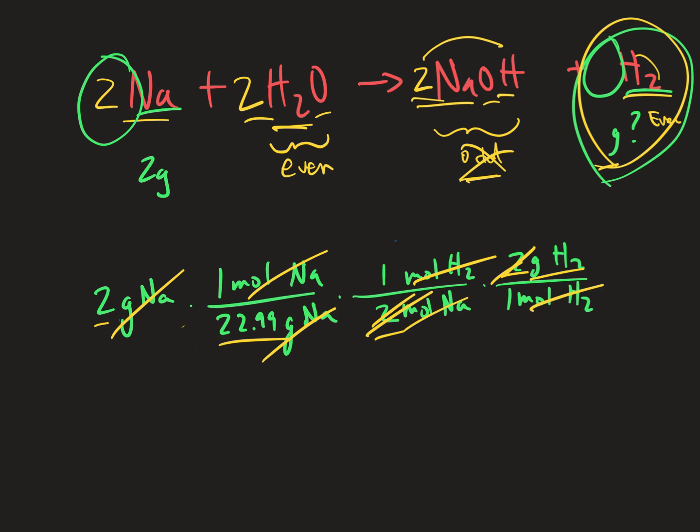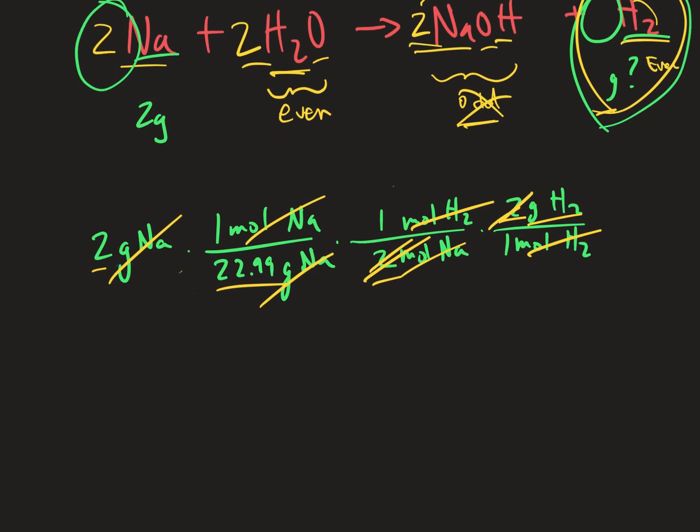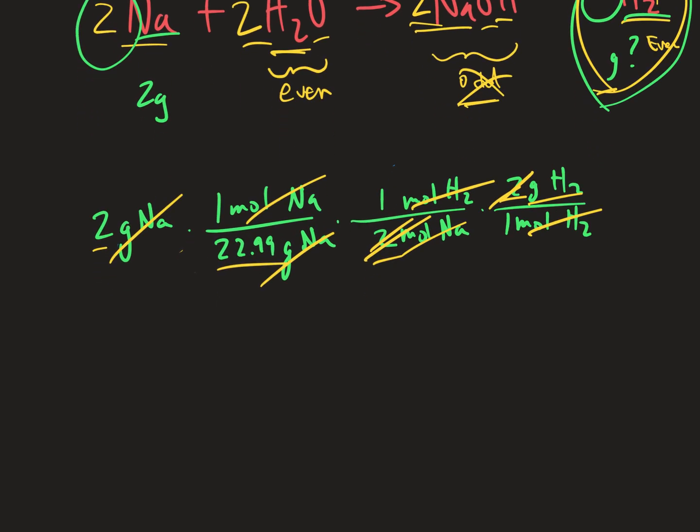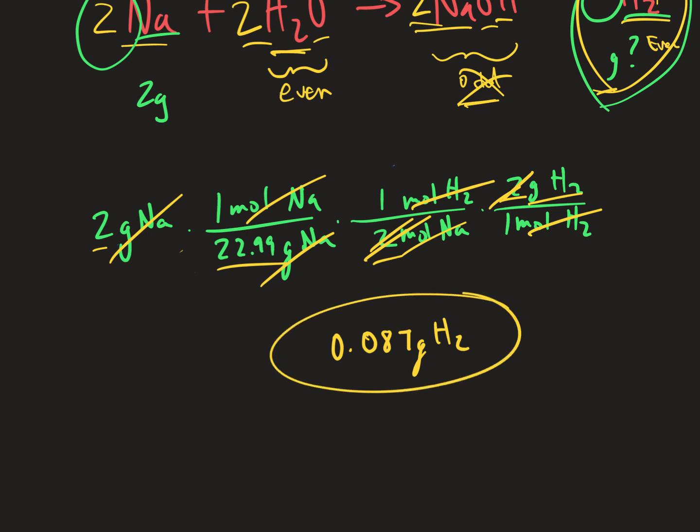So 2 divided by about 23 is something like 0.0866 or 87 grams of H2. Not very much. Just enough to make an explosion, right?